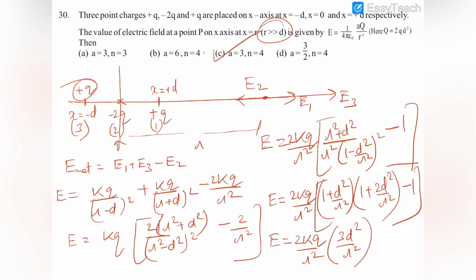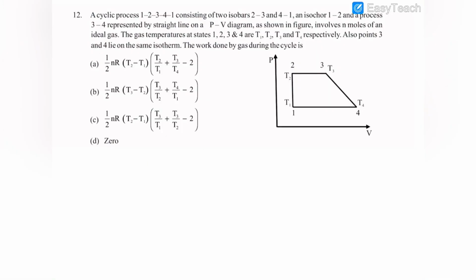Now we move on to the next part. In this question, you can see that there is a cyclic process 1, 2, 3, 4, 1, and it is given that 1, 2 is an isochoric process.